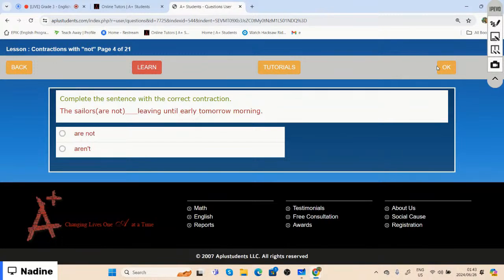All right, let's do two more. It says the sailors are not leaving until early tomorrow morning. Do you say are not, which is option one, or aren't, option two? We need to choose the contraction to complete the sentence. Which option?